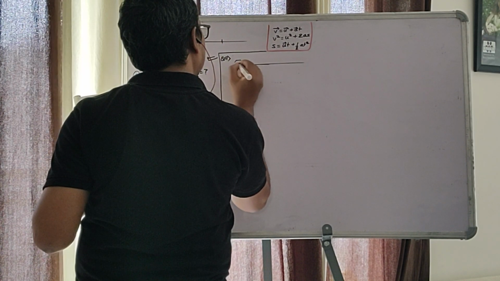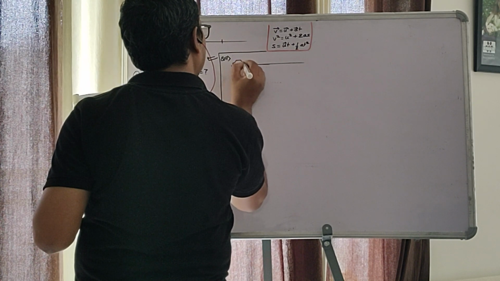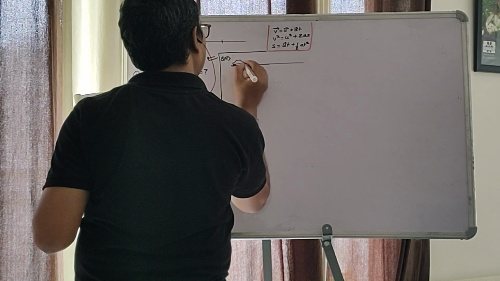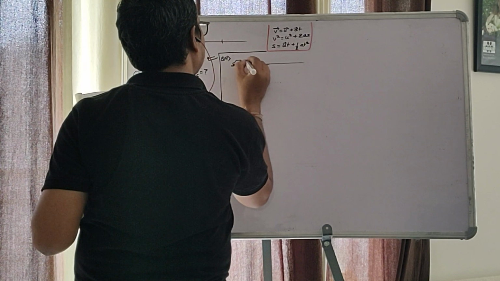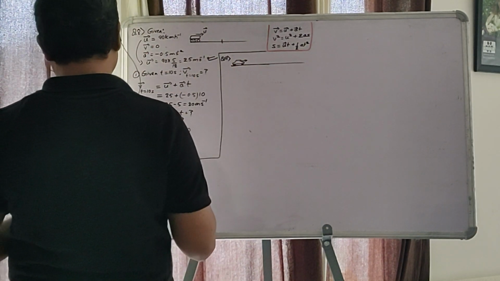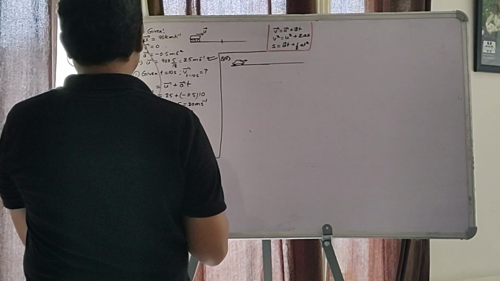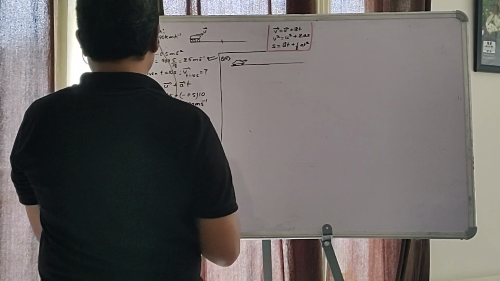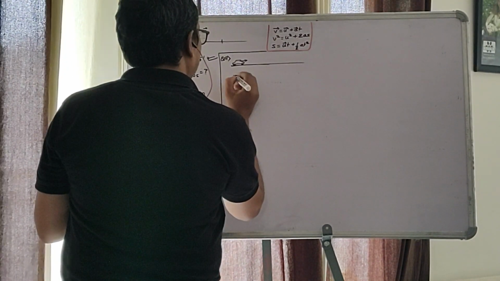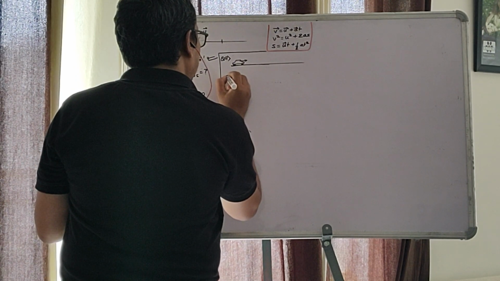Car is must have been traveling with some initial velocity. A car travels a distance of 100 meter with a constant acceleration. So what is given?